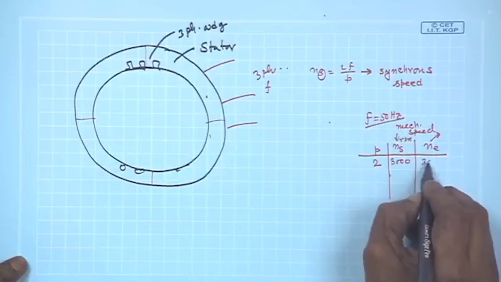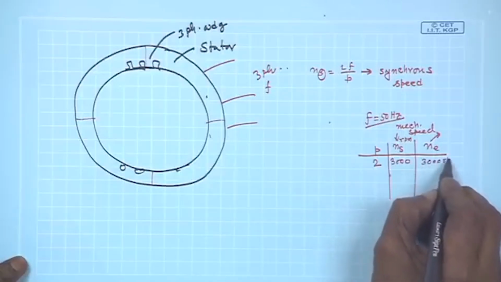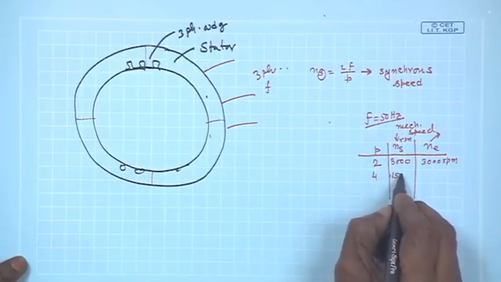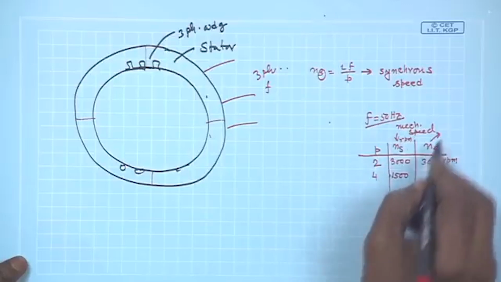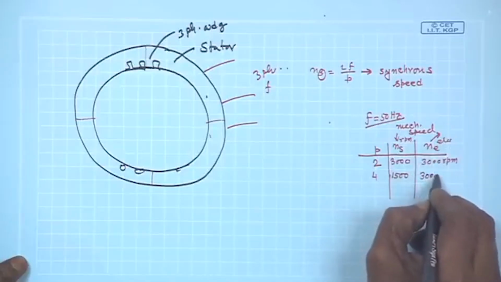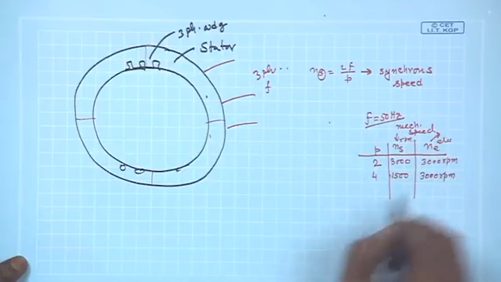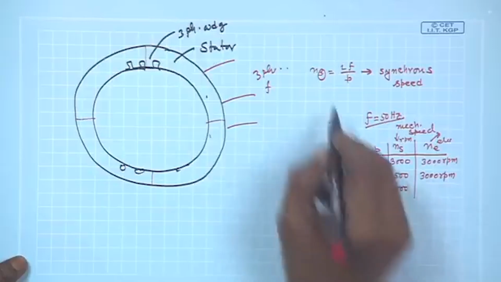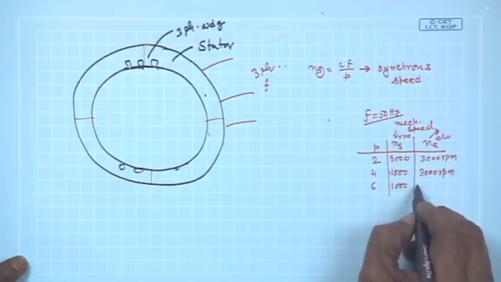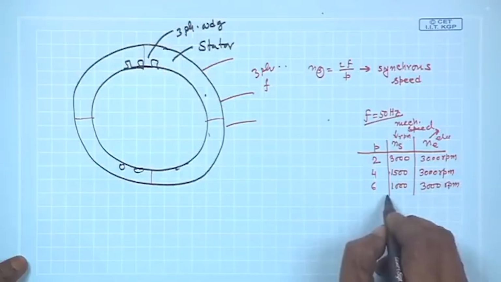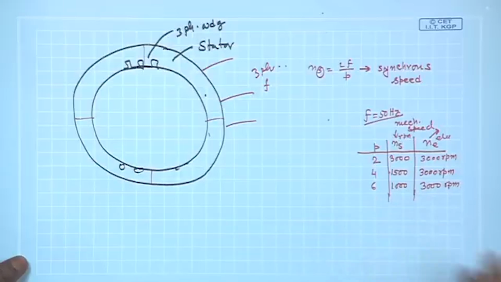This will be also 3000 RPM electrical speed. 4 pole, it will be 1500 RPM mechanical speed, electrical speed will still remain 3000 RPM. Understood? 6 pole, it is 1000 RPM. You calculate from this, and this will remain 3000. So, electrical speed in electrical degree, they are all one and the same.